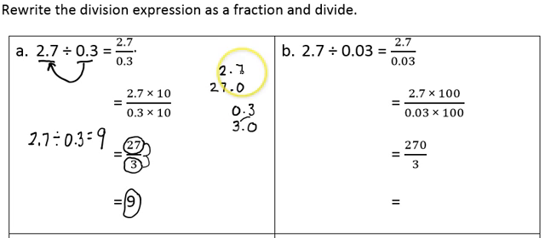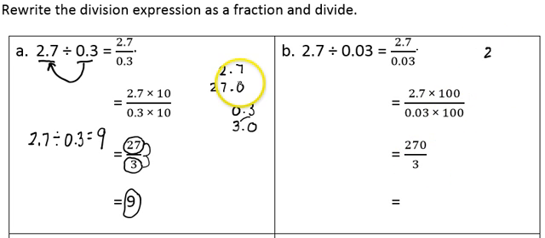Let's look at the next example. This time I have 2 7/10 and I'm dividing it by 3/100ths. Again, the first step was to rewrite it as a fraction, 2 7/10 divided by 3/100ths. This time we're multiplying the numerator and the denominator by 100 because that's what's going to get my 3 into the ones place.